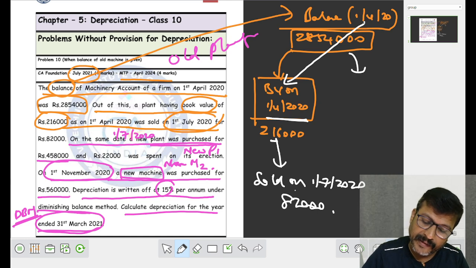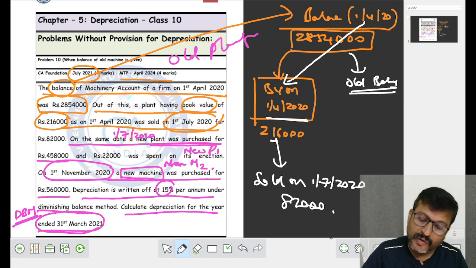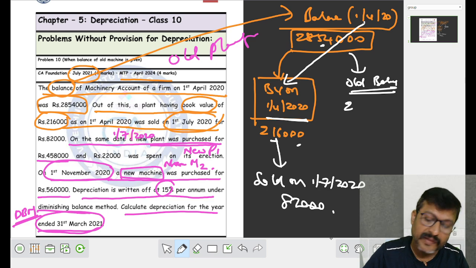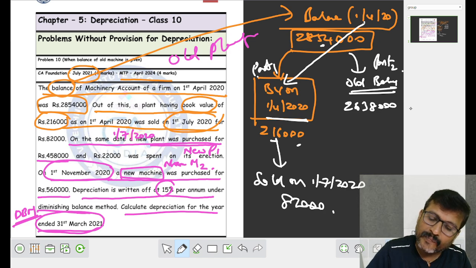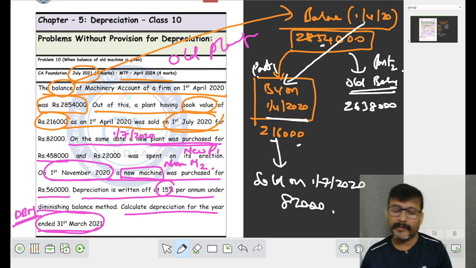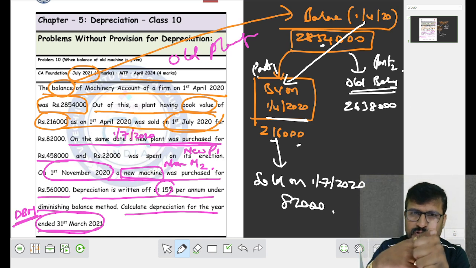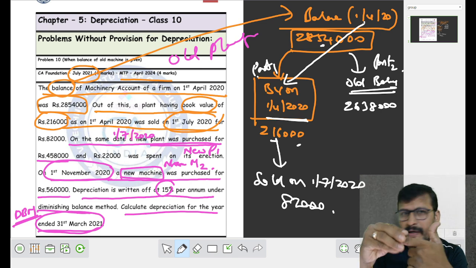Then you get the old balance. 28,54,000 minus 2,16,000 comes to rupees 26,38,000. This is old machine part 1. This is part 2. So how many machines do we have? Old machine having part 1 and part 2.